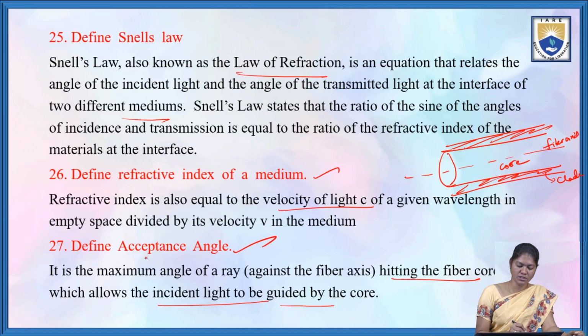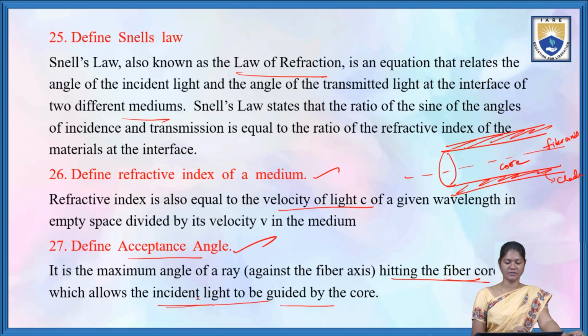So, coming to the acceptance angle, it is the maximum angle of a ray hitting the fiber core which allows incident light to be guided by the core.